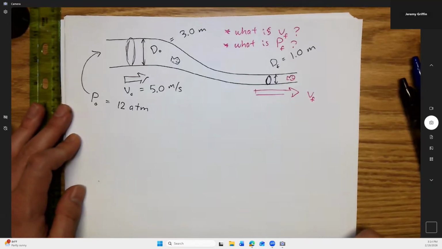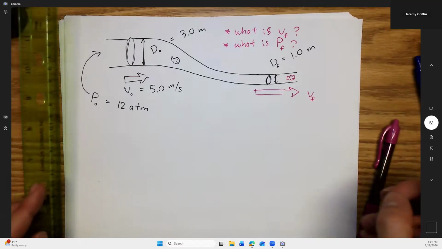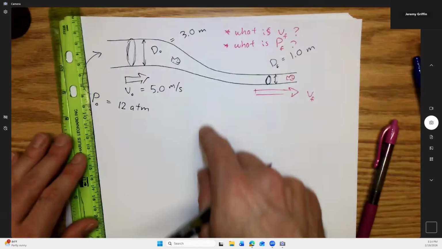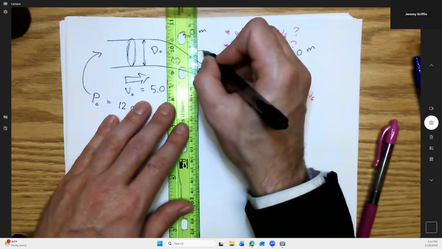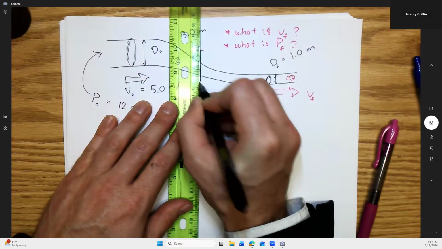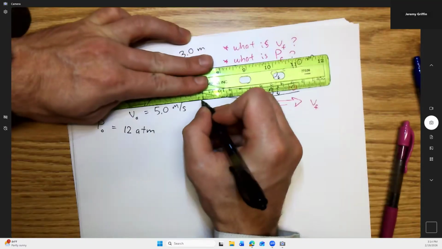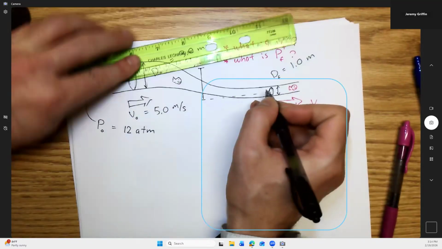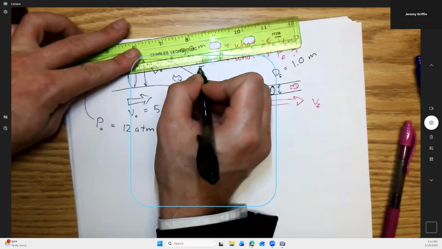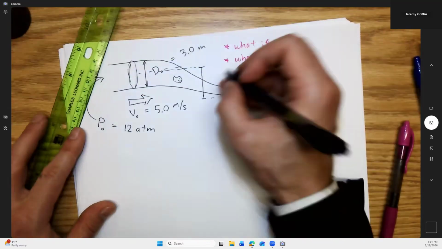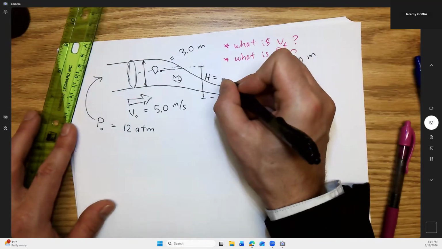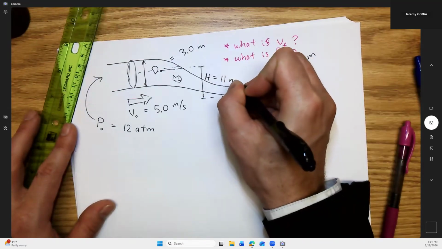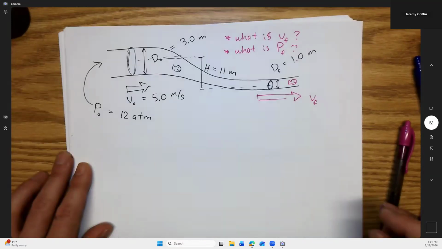Oh, I need to give you one more number. Guys, what else do you need to solve this? Height change. Let's say from center to center, this height change is 11 meters. All right, I think we can solve this now.